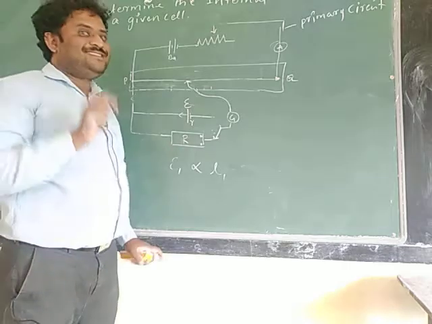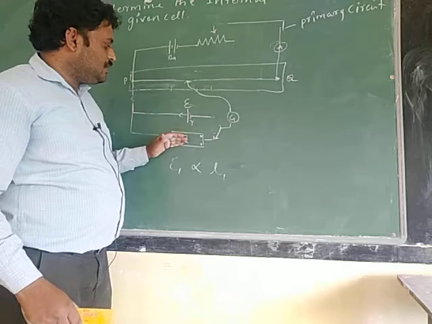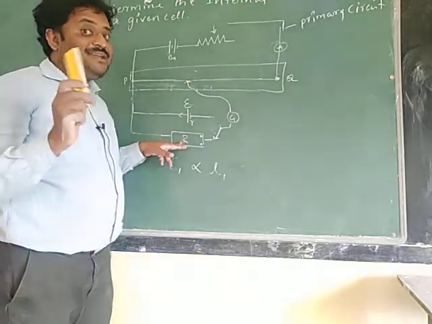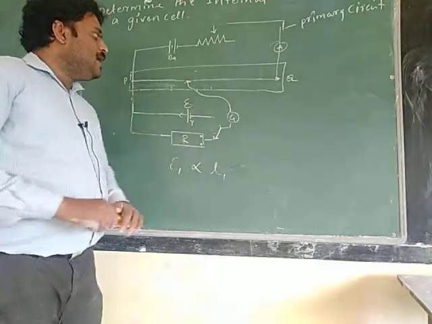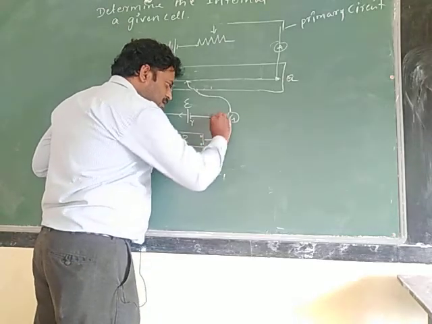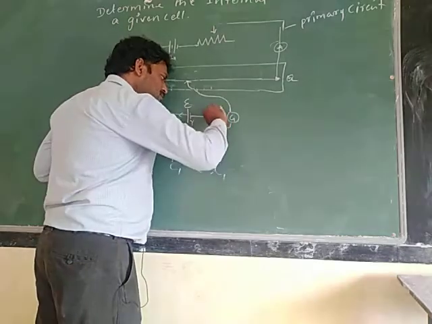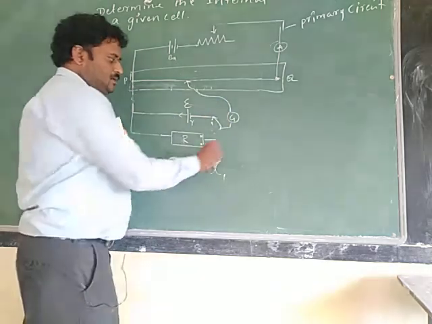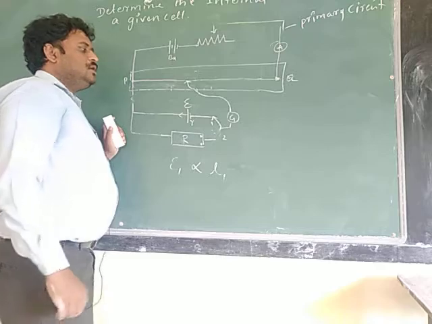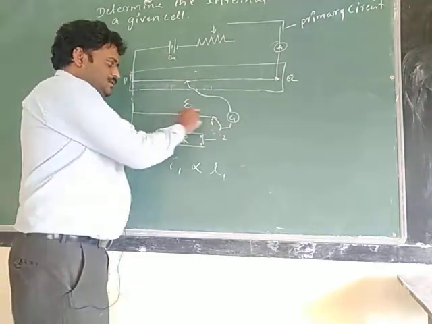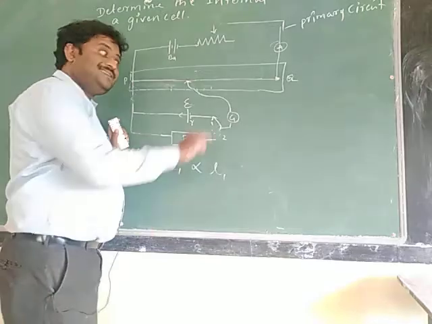There is only one cell, and in the second cell's place we are placing a standard resistance box. Now you close the plug key 1. This is key 2. When you close it, the current will flow across this circuit, across the cell.